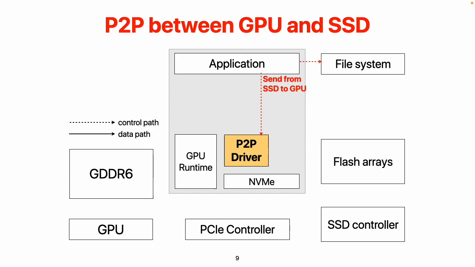Then you grab this data and tell a specialized driver, let's call it the P2P driver. This P2P driver should consult the GPU runtime, which maps a segment of GPU address to the base address register in your system.